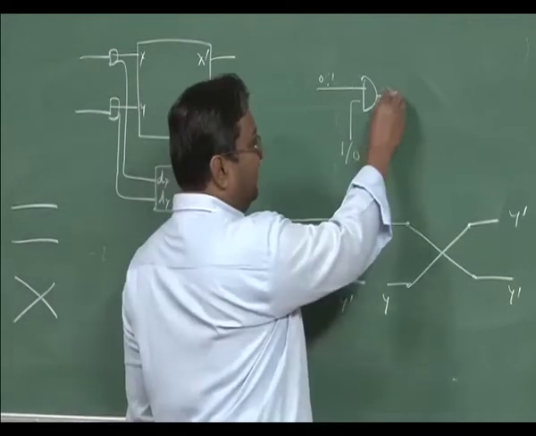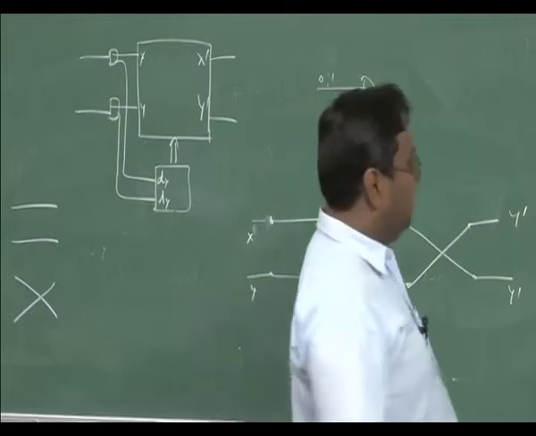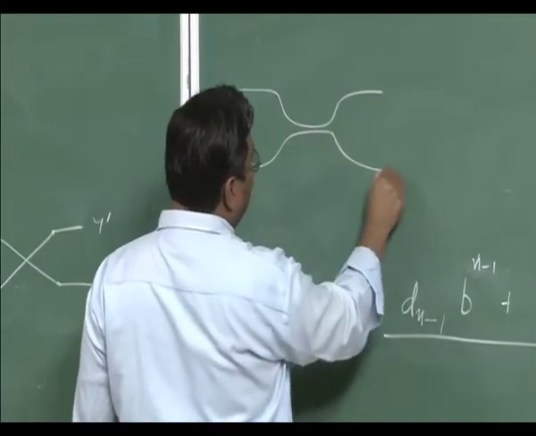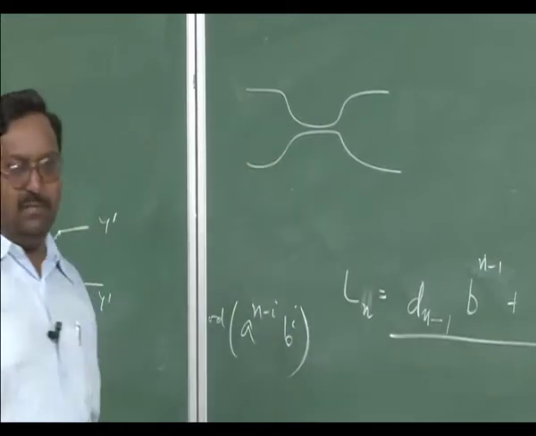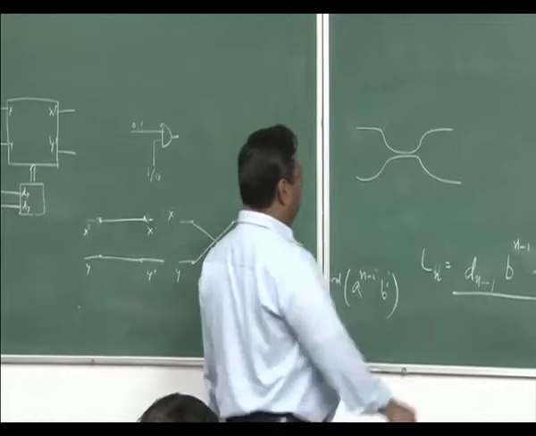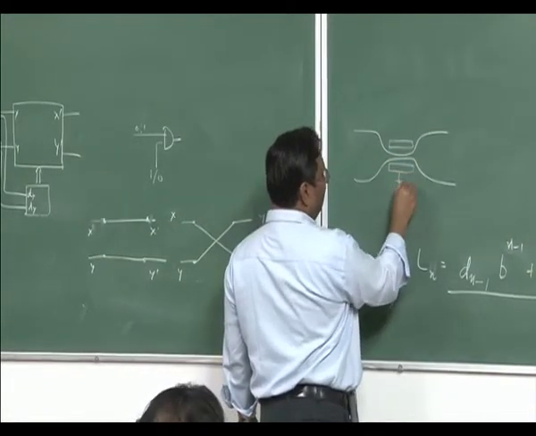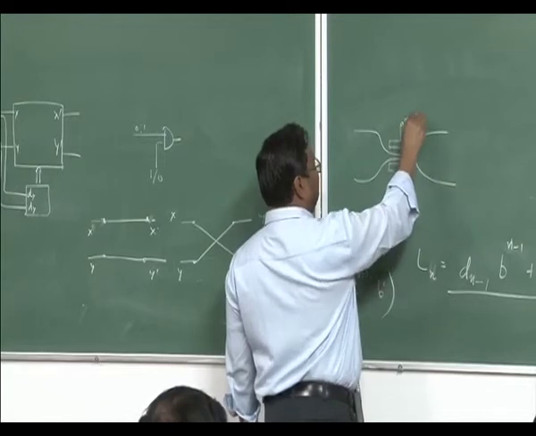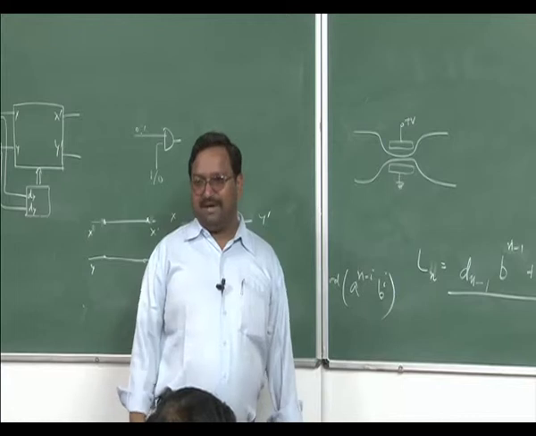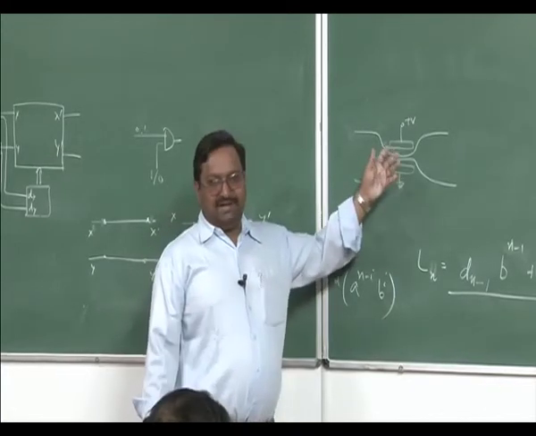There is another kind, and one example is the optical coupler. These are typically built over electro-optic materials, and you can apply an electric field. If you do not apply an electric field, this may be in bar state. When you apply an electric field, you change delta beta.